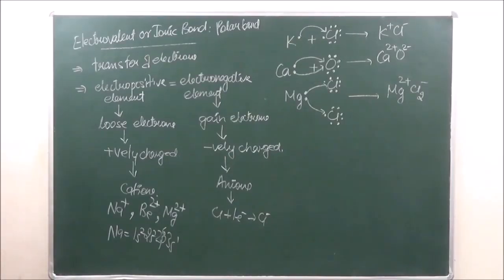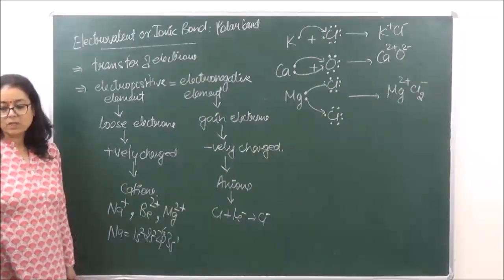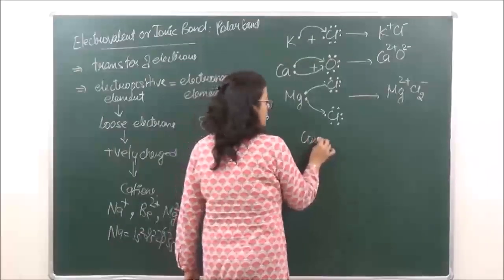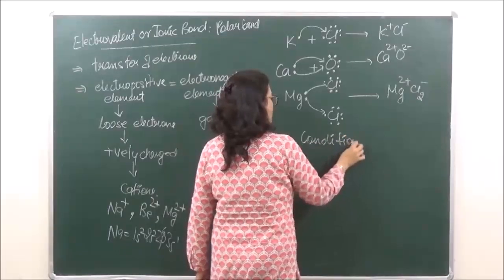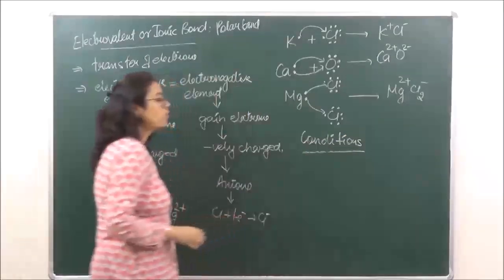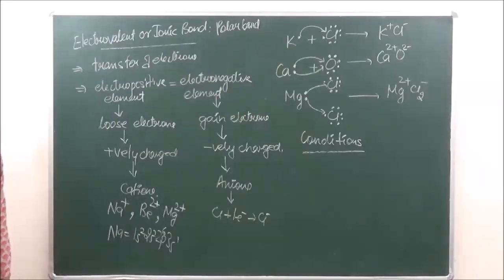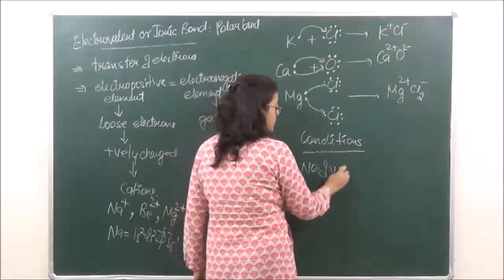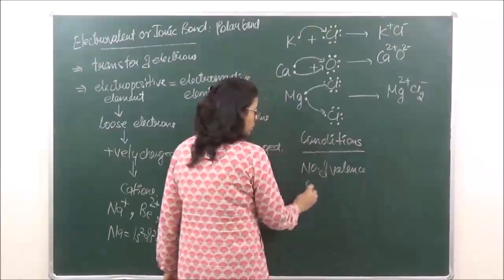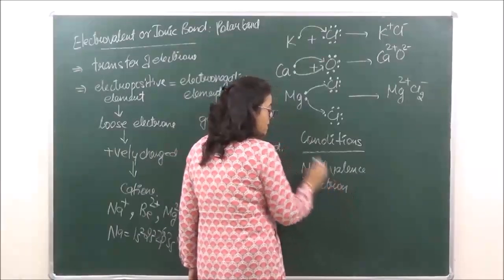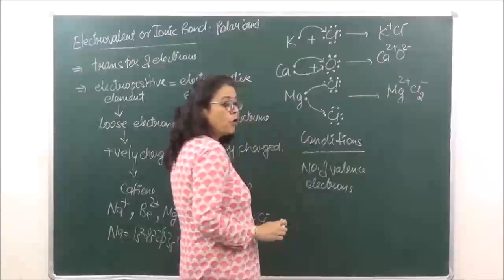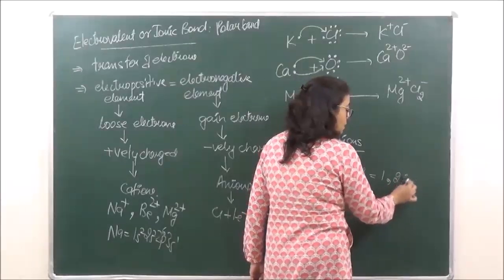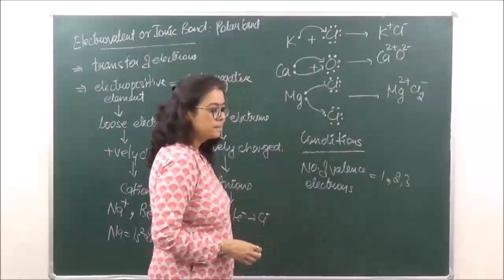Now to form ionic bond, we say that there are certain conditions which are required. So let's study the conditions. Conditions for formation of ionic bond. The first condition is that the number of valence electrons in the element in order to form ionic bond should be at least 1, 2 or 3, okay?